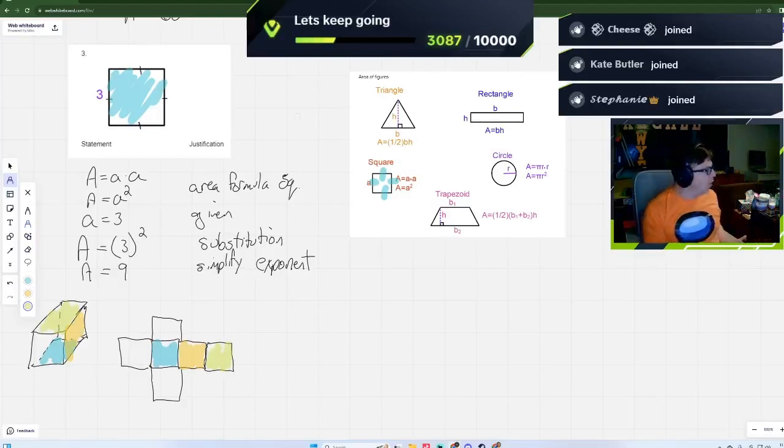And this is how you would end up finding the surface area of this entire figure. You would flatten out this box, and then you would find the area of each of these pieces, and then add them all together. Now, because it's a square, all of these areas are actually going to be the same. So we would just take 1, 2, 3, 4, 5, 6 times 9, or 6 times 9.